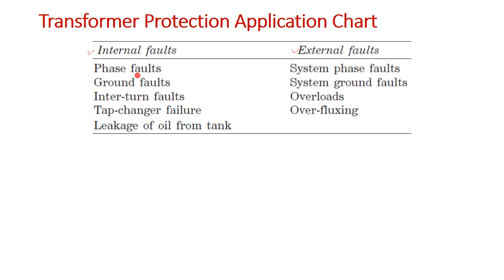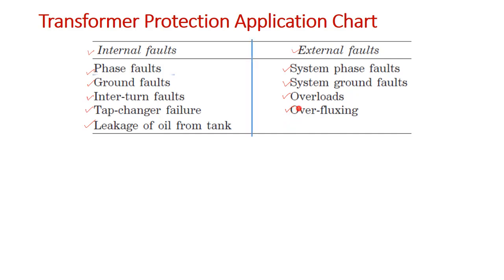Under internal faults, we have phase faults, ground faults, interturn faults, tap changer failure, and leakage of oil from the tank. These are the internal faults. Under external fault conditions, we have system phase faults, system ground faults, then overloading condition and overfluxing condition. These are the external faults.